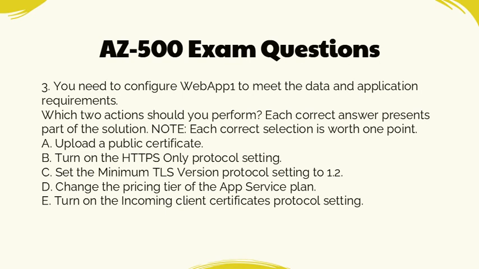3. You need to configure Web App 1 to meet the data and application requirements. Which two actions should you perform? Each correct answer presents part of the solution. Note: each correct selection is worth 1 point. A. Upload a public certificate.